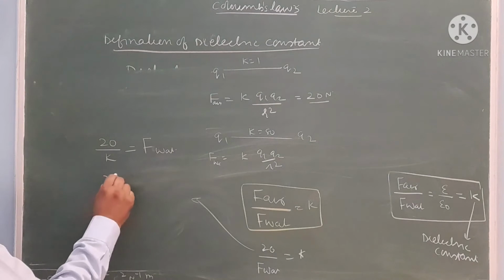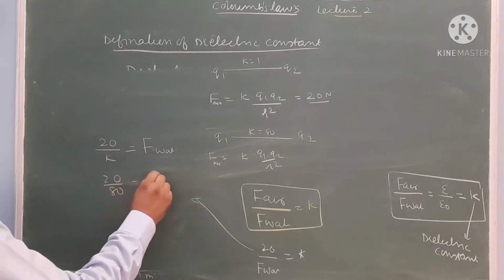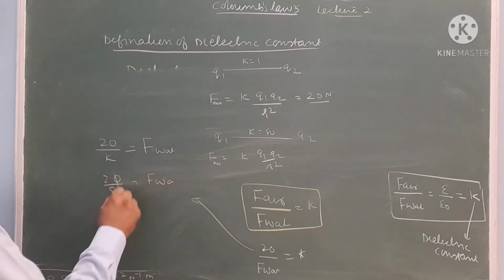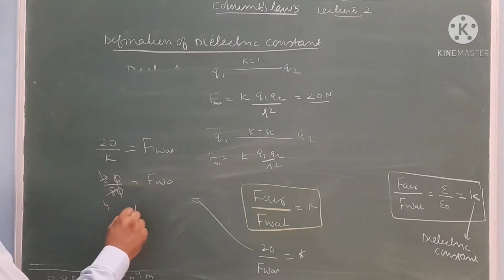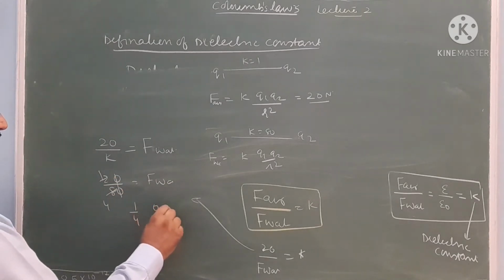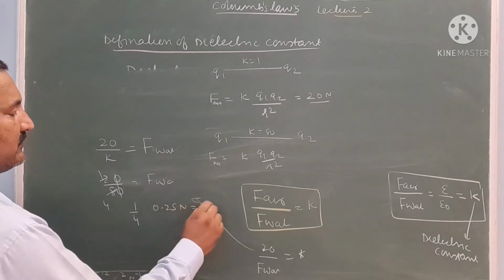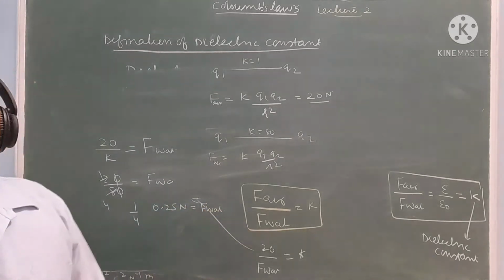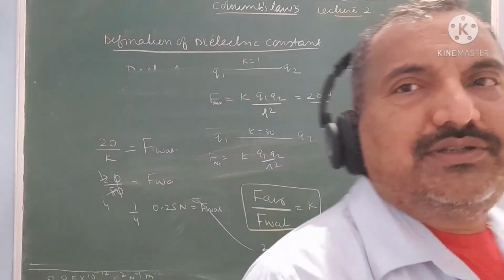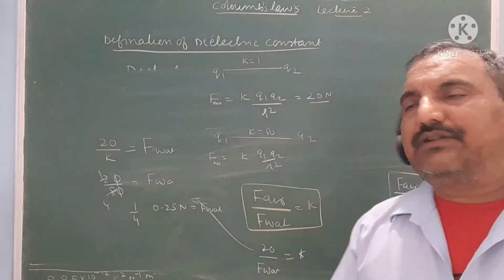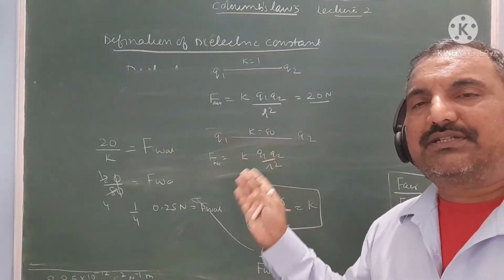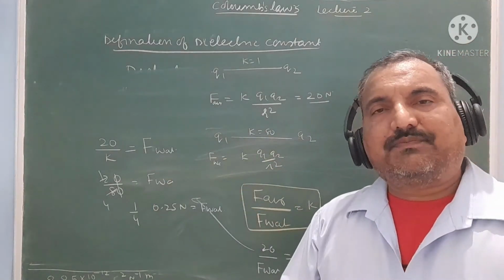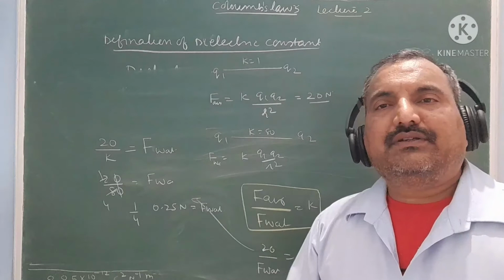So 20 Newton divided by 80 is equal to F water, that is 1/4, 0.25. Now everybody can conclude what happens to the force of attraction or repulsion when the medium is changed.